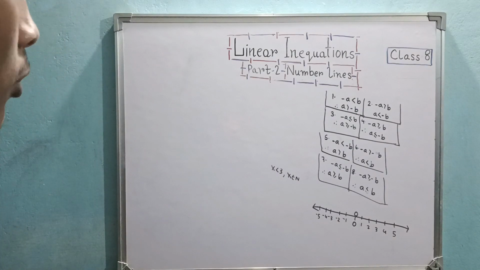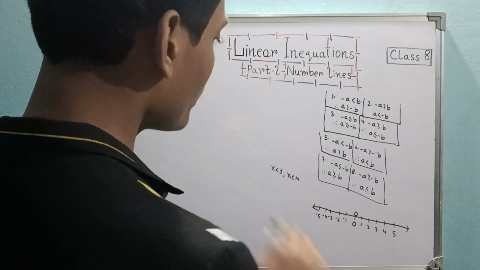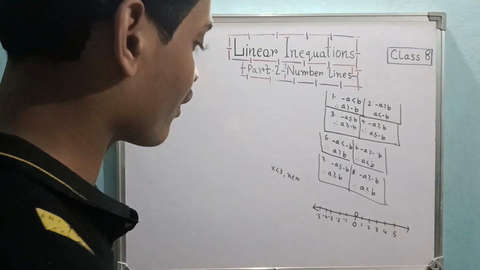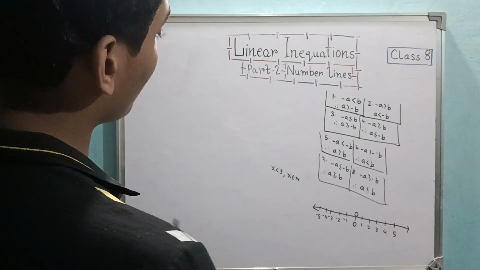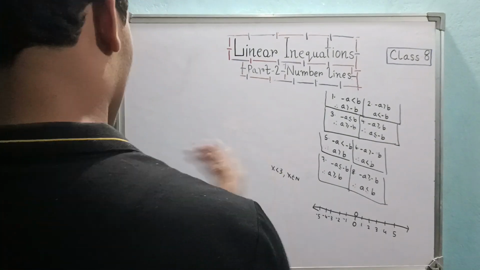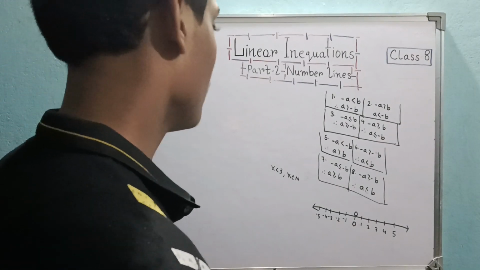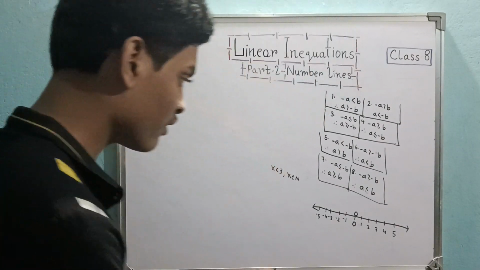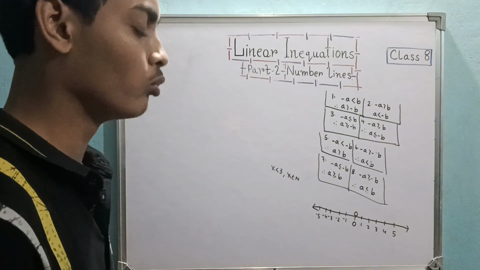So what you have to do is, first of all, draw a number line. And you will be given an inequation to solve, find out the possible values for x. Suppose after solving the equation, you get this, x is less than 3 and x is a natural number. So see this, natural numbers less than 3, they are not infinite, they are 1 and 2.